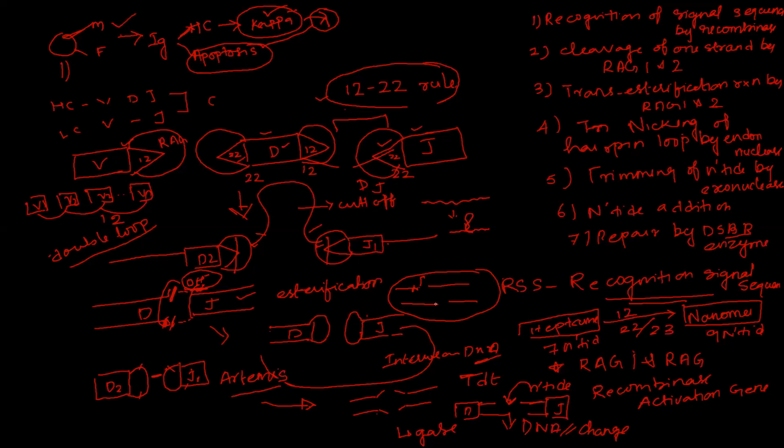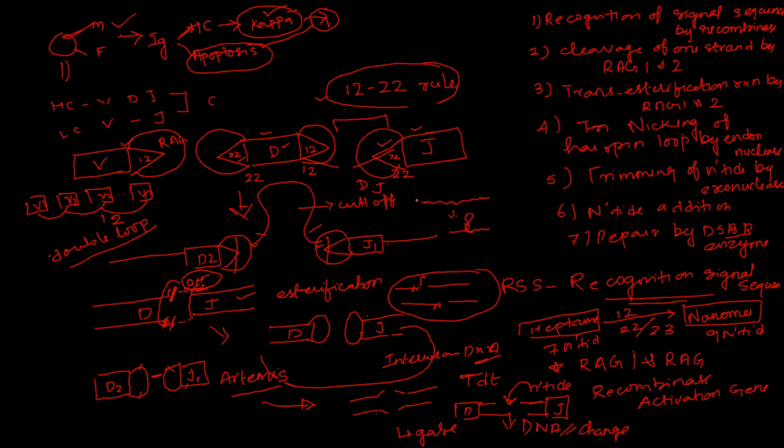Once it adds nucleotides, the ligase is going to come and join it. And if there is any kind of mismatching occurring here, the double-stranded repair enzyme is going to come and repair it, and the whole process brings both these regions together.